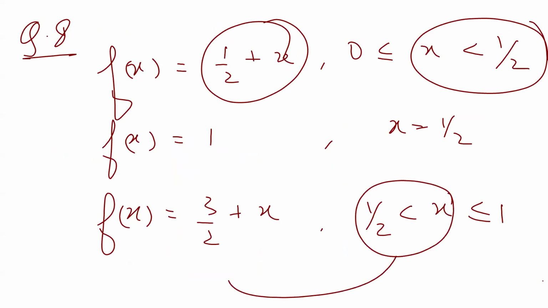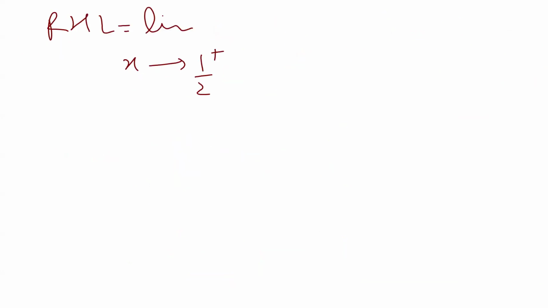Let's go to the right hand side limit. Limit x approaching half plus. Half plus is more than the value of half, that is greater than half. So when x is greater than half, it is this function 3 by 2 plus x. So this is 3 by 2 plus x. Let x is equal to half plus h.